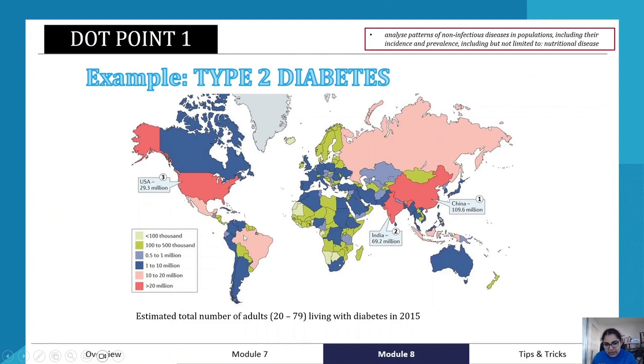Then we are seeing rising cases in South America, in Europe over here with Russia, and then 1 to 10 million in parts of America again, Australia, parts of Africa, and South America, and then pretty small and controlled numbers in certain parts of Africa and also certain parts of Europe as well. Okay, moving on then.